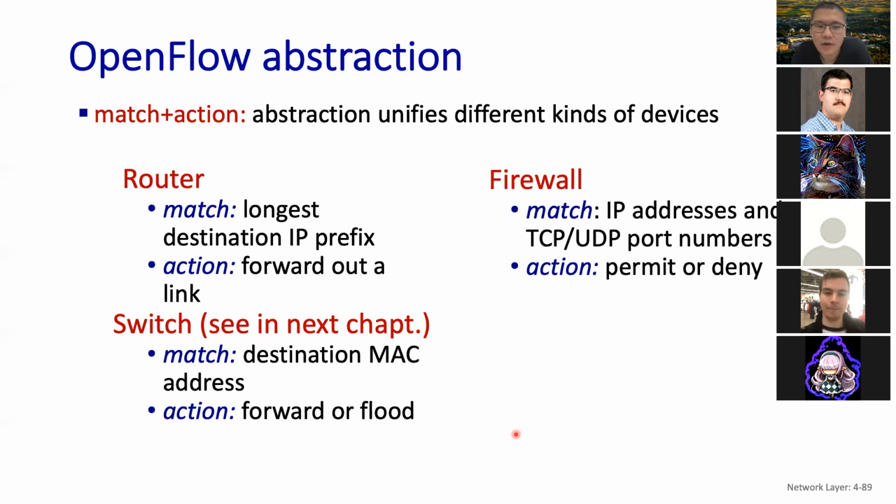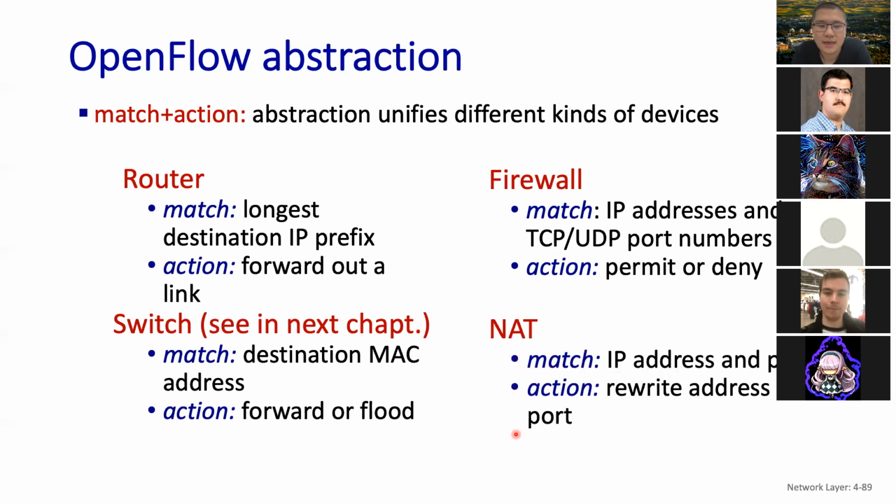For the firewall, as I mentioned, you can match the IP address or TCP/UDP port numbers and decide to permit or deny, giving permission to access or just dropping. Similarly, you still remember network address translation: you can translate the IP address and port number, rewriting the address and port for the outside world.